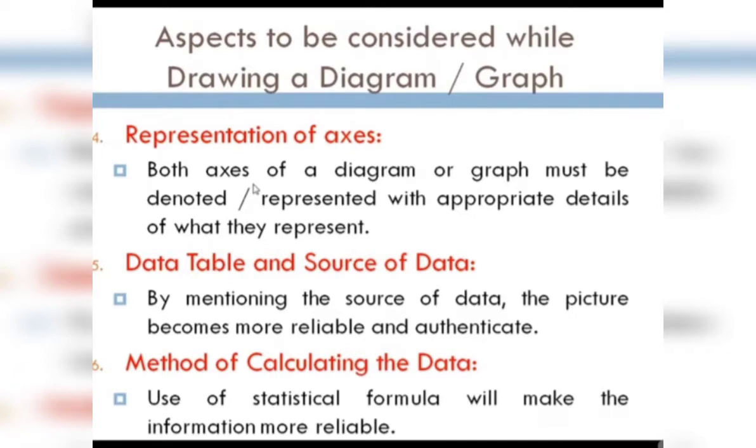If the picture is not drawn from self-explanatory data, but from data simplified with the statistical formula, and it is calculated with the proper formula, then it will be appropriate and more reliable. So this is the sixth one, a method of calculating the data. These are the aspects to be considered whenever we are drawing the diagram or the graph.